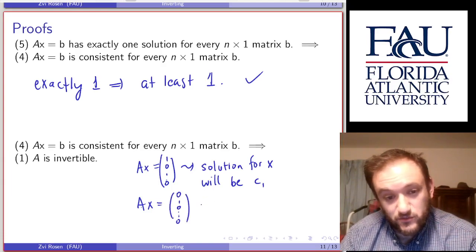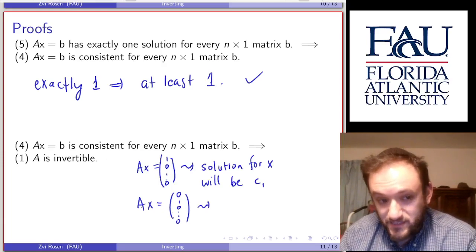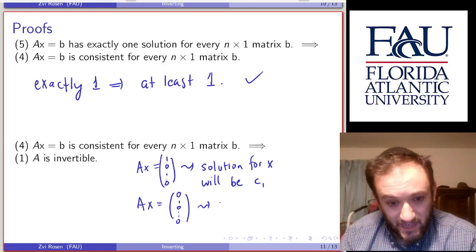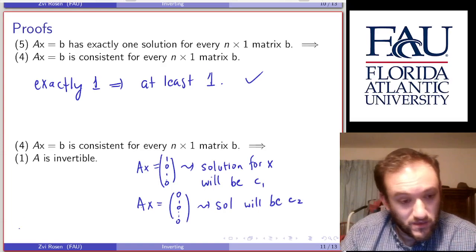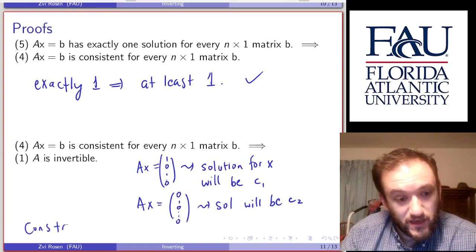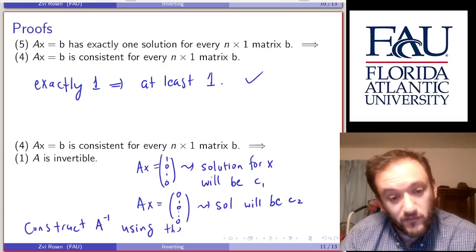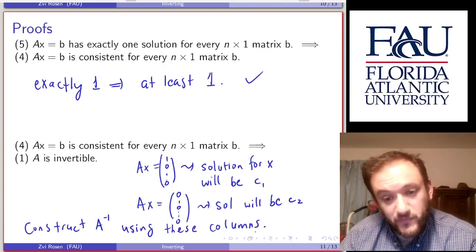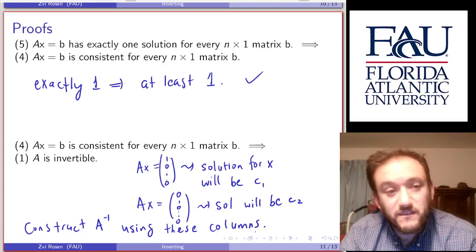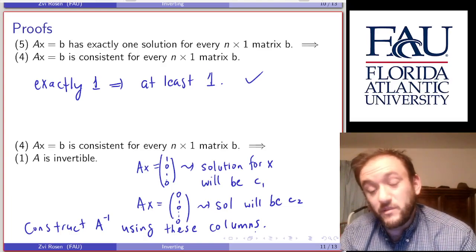The solution of this equation, which must exist by the fact that Ax equals b is consistent, will be c2, and you can use this to construct your inverse matrix using these columns, same as above.